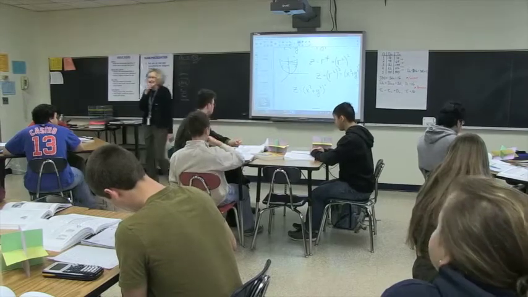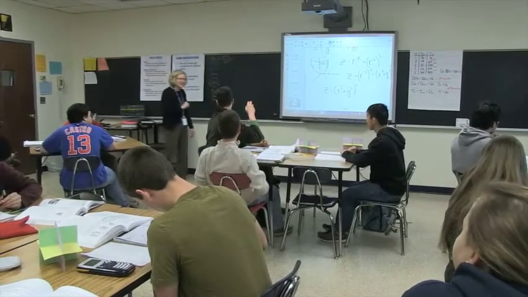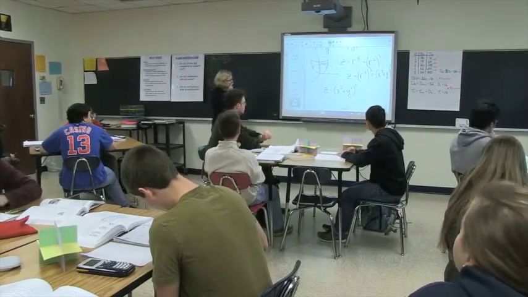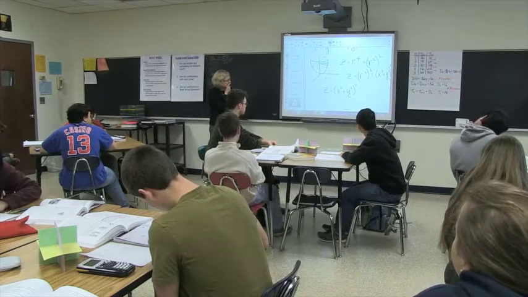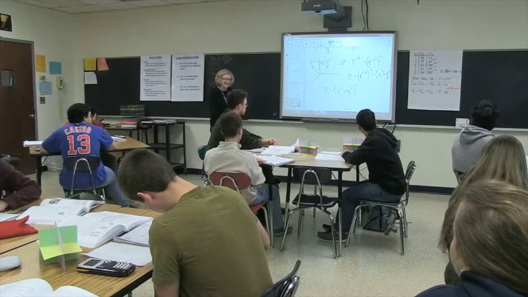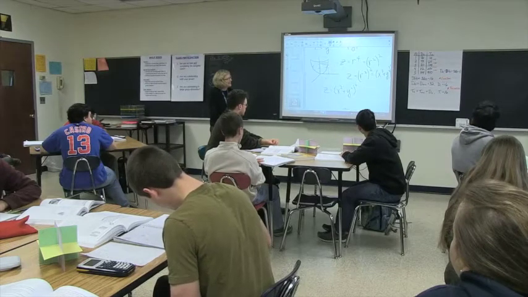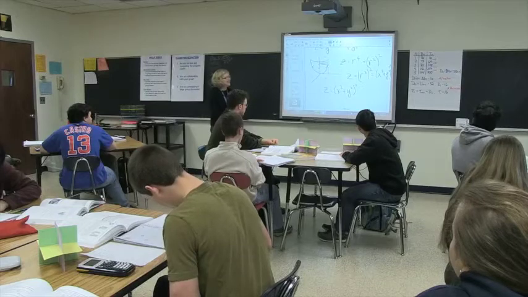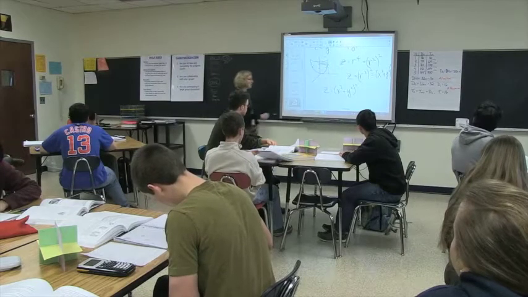Did anyone think about this differently? Alex? Well, if this equals x squared plus y squared squared, it's not the same as x to the fourth plus y to the fourth. Yes, I could multiply it out.